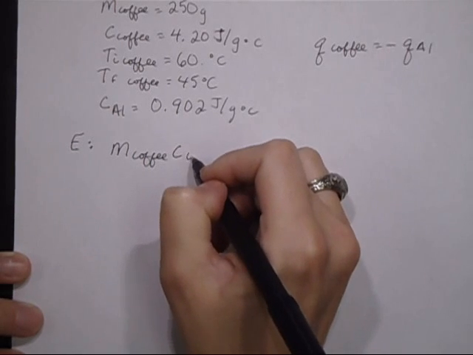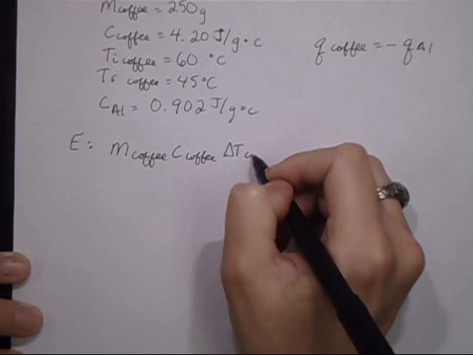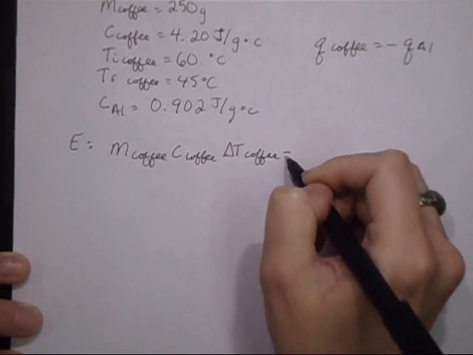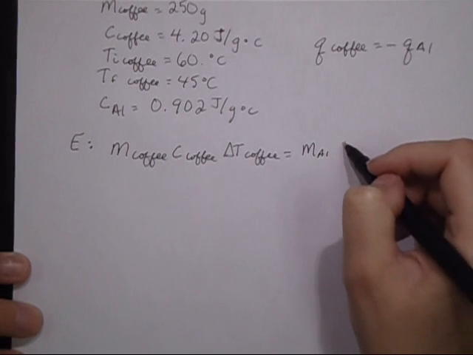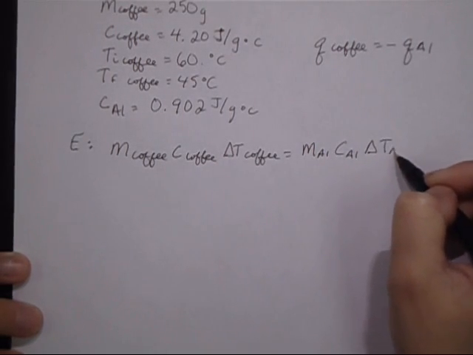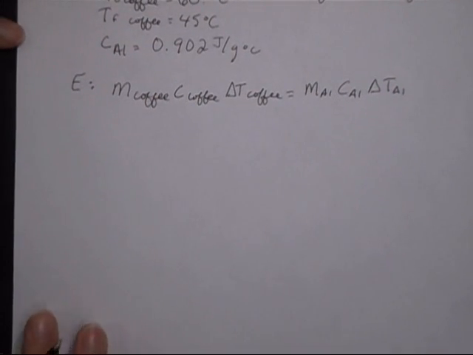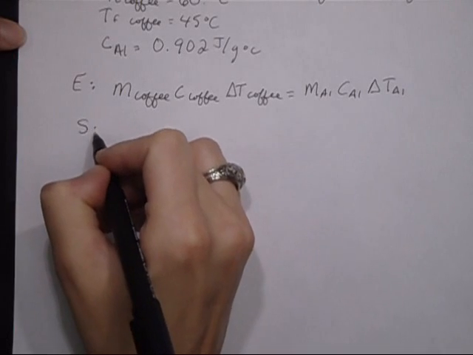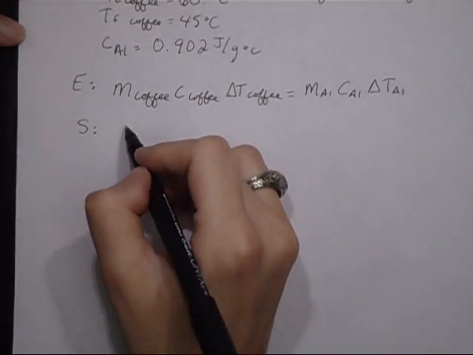So the equation that I set up is just going to be that. Mass of the coffee times C of the coffee times delta T of the coffee equals mass of the aluminum times C of the aluminum times delta T of the aluminum. That'll at least give us a place to start. So as I start substituting in here, we'll start recognizing some things that might be useful.